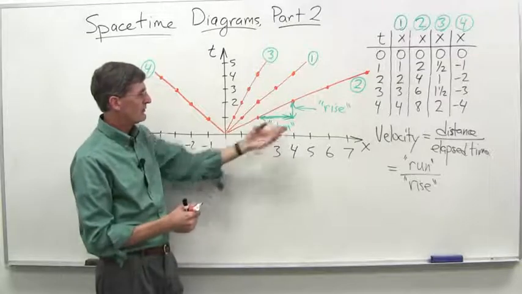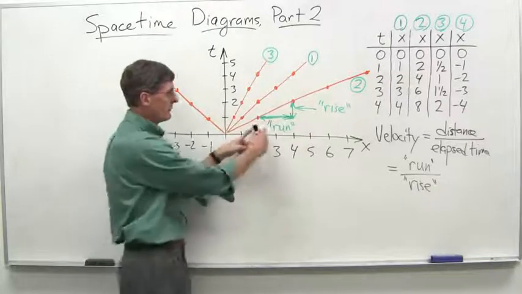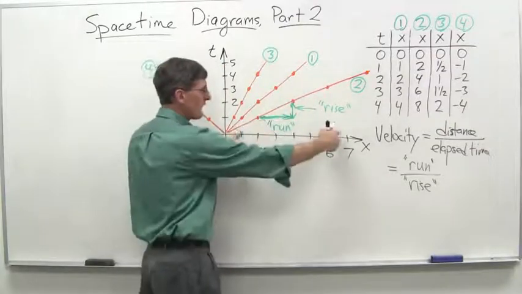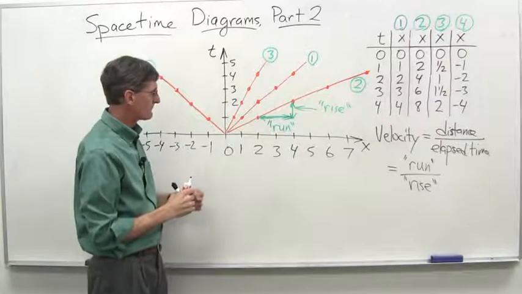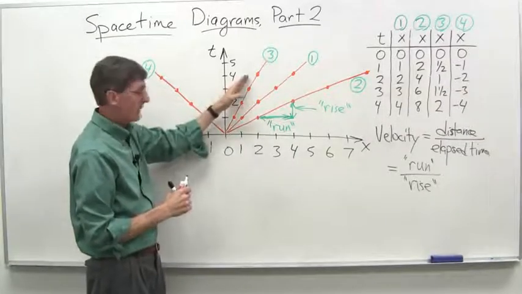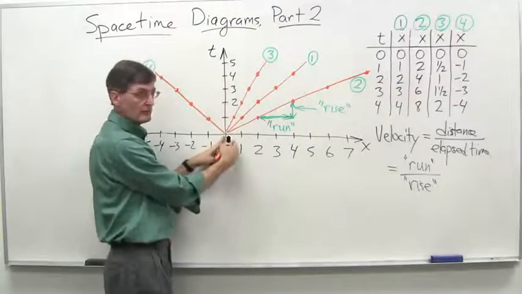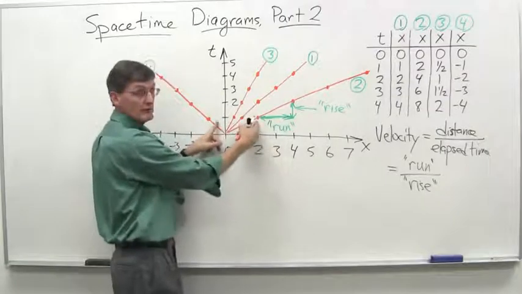So clearly we can see number 2 has a higher velocity because you're getting more run for a given amount of rise. You're covering more ground for each second that you're going here. And number 3 has the least amount because in 1 second you're only going half a meter, whereas for number 2, in 1 second you're going 2 meters there.